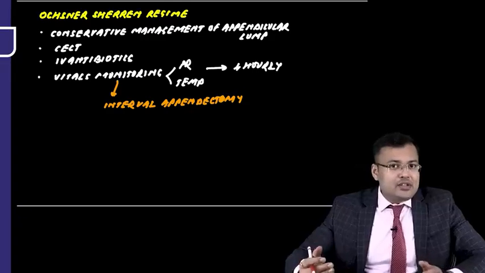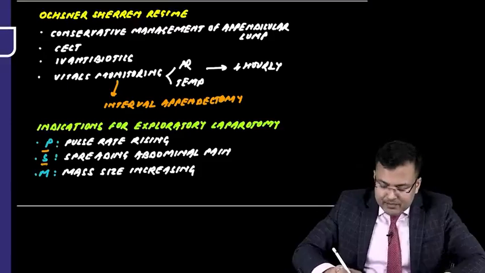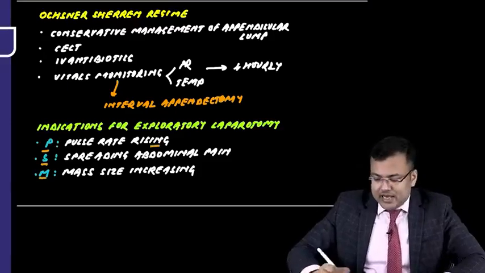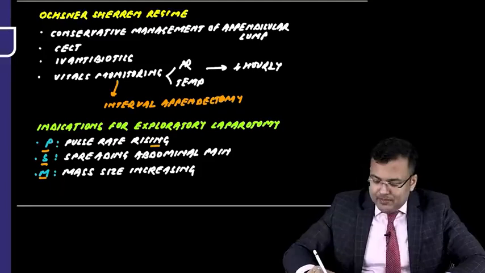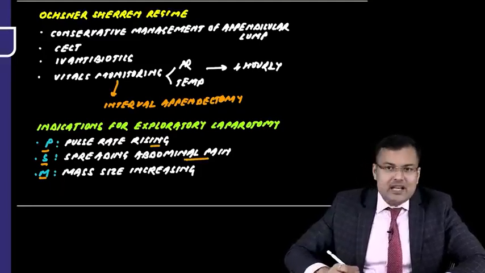So what are the indications of exploratory laparotomy? How to remember? Mnemonic is PSM. P means pulse rate, it is rising. S means spreading abdominal pain, because the patient developed peritonitis. M, mass size increasing.